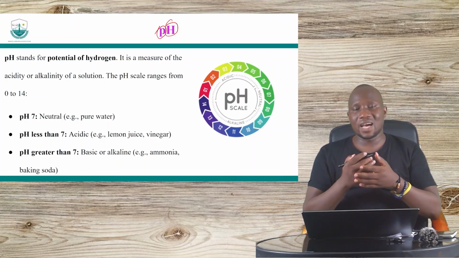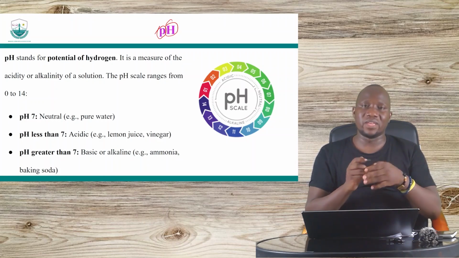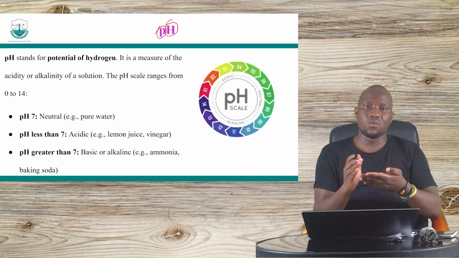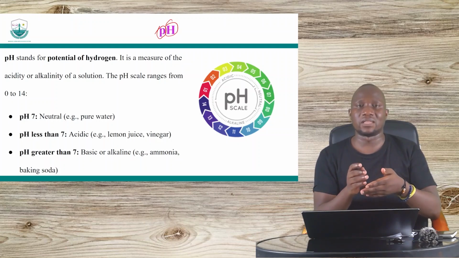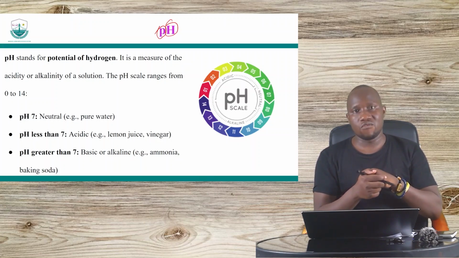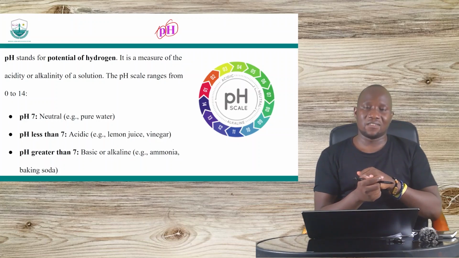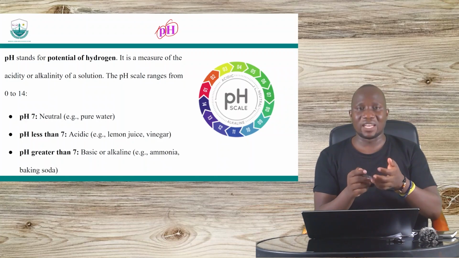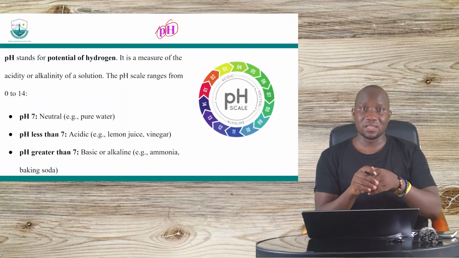So we determine it using what you call a pH scale. We have a standard pH scale that starts from 0 up to 14. pH 7 is the neutral pH. Our blood is around pH 7, by the way.